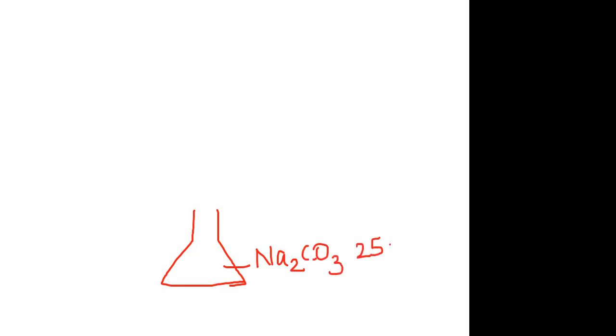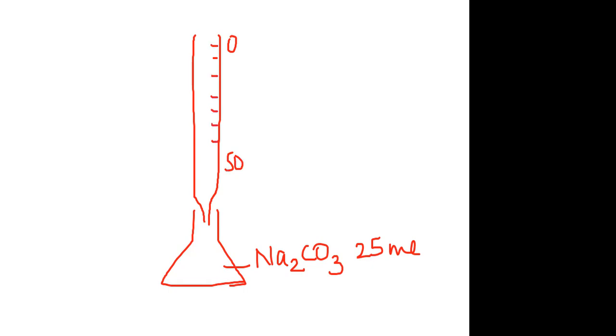Now, the burette that we are going to use is going to help us to add the solution of the acid dropwise. This is going to be marked from 0 to 50 ml. I am just showing it to you here by drawing, but actually in the upcoming videos, we will be performing the experiments so that you understand exactly how it is to be done. Now, this is just to let you know how the readings are calculated.